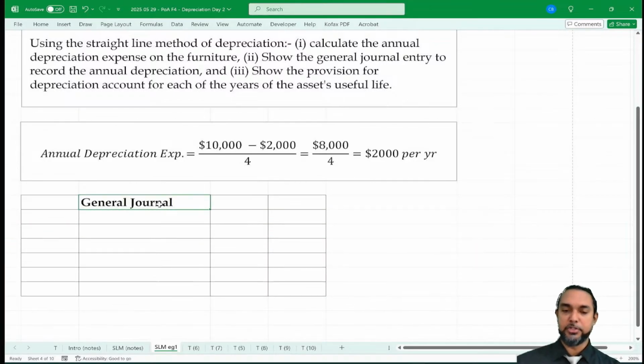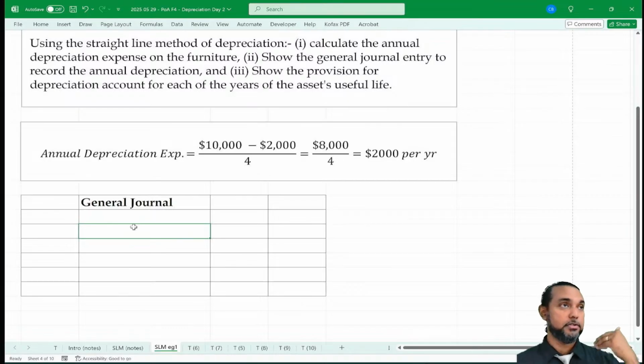Your general journal is one of your books of prime or books of original entry, just like your sales journal, purchase, etc. Now, the sales journal, purchases journal, returns in journal, they each only record one type of transaction, whatever their name says. Sales journal is credit sales only, purchases journal is credit purchases only, returns in journal is returns in, returns out journal is returns out. Your cash book records all cash and bank transactions. Everything that's left goes in your general journal.